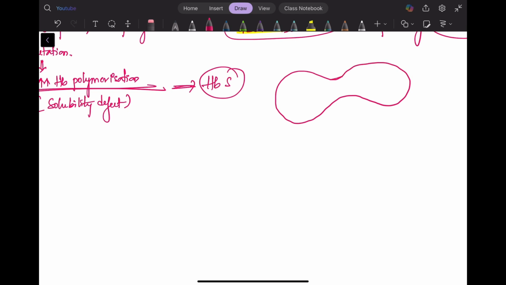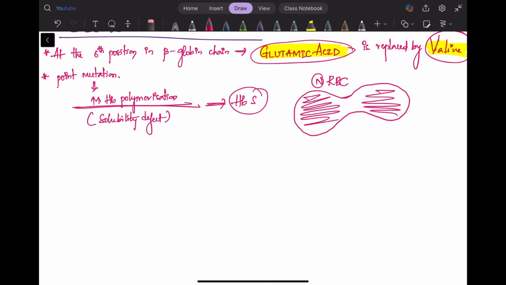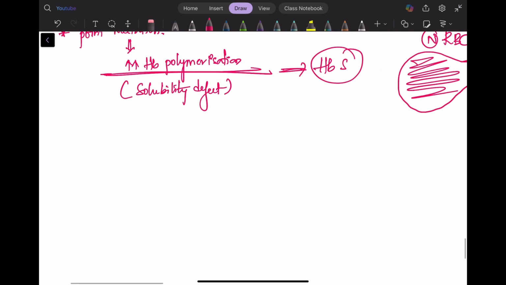It's a dumbbell shape. We have hemoglobin here, where it is a normal RBC, right? Ignore my dumb diagrams, I hope it still helps. Normal hemoglobin we are talking about is HbA, which will be replaced by HbS, which causes a solubility decrease.